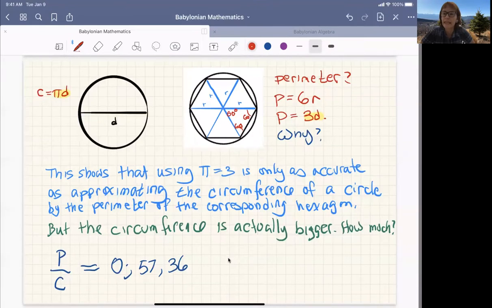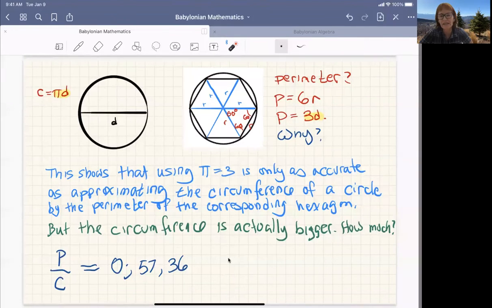Okay, so it's an equilateral triangle, so that means that not only are all of the sides that come out of the middle equal to R, but this side over here is also equal to R, so they're all equal to R. So the perimeter, well, there's 6 sides, all length R, so that's why we get 6 times R.